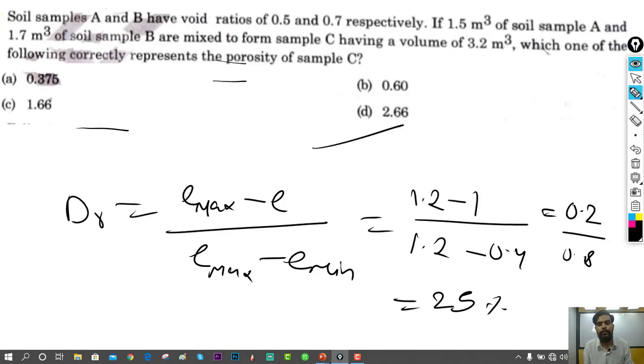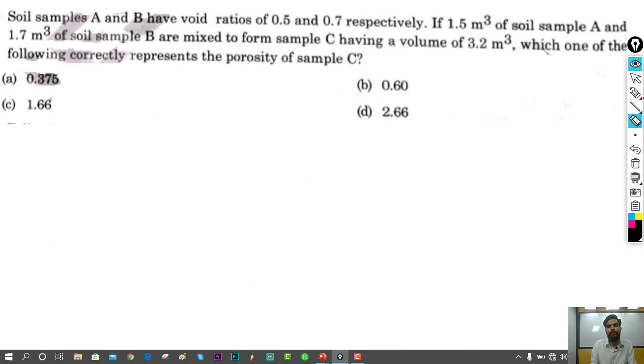So guys, what is given in this question? We are given soil samples A and B having void ratios of 0.5 and 0.7.